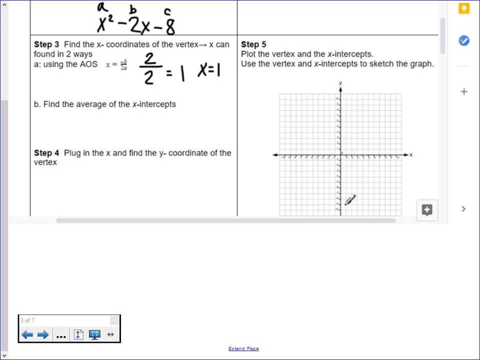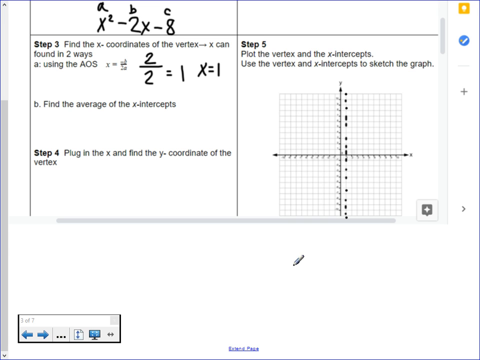So I'm going to go on my graph. Mine's so small, it's going to be hard to see, but at x equals 1, that's where I'm drawing my little dotted line. That's my axis of symmetry. The other way you can find the x is finding the average of your x-intercepts.